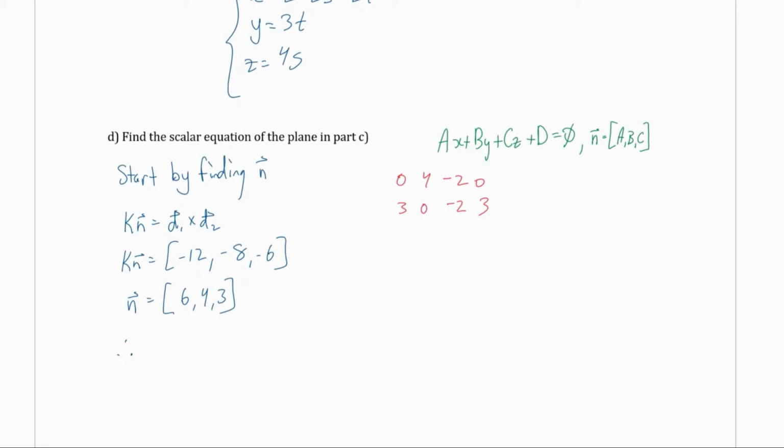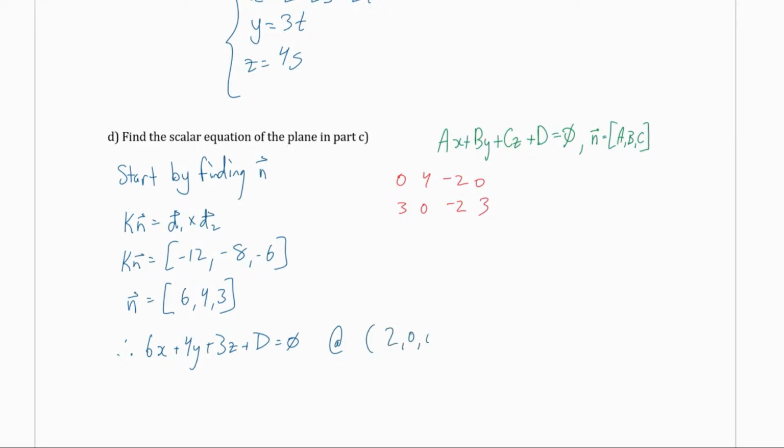That is not the equation, but it will give us this 6x plus 4y plus 3z plus d equals 0. So all we're missing is the d. And to find that, this is something we've done all the way back to grade 9, is we can sub in a point.